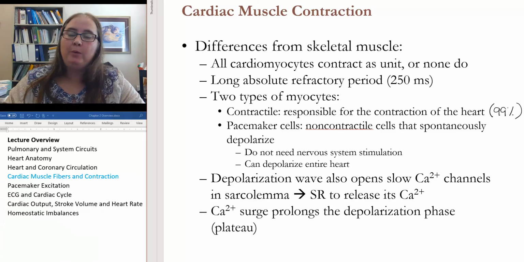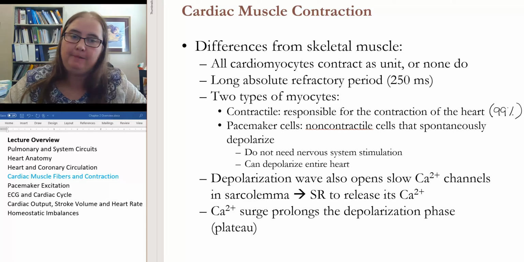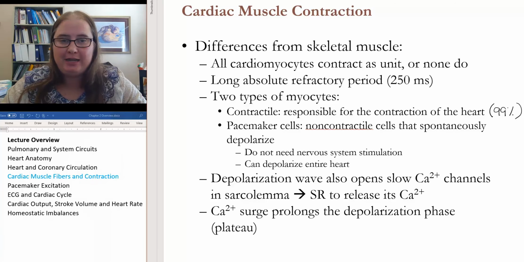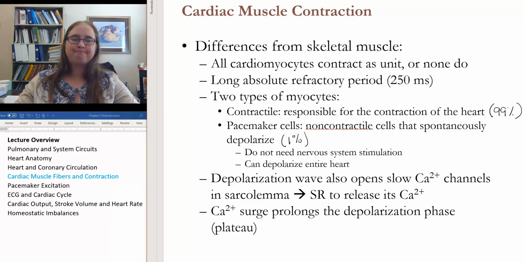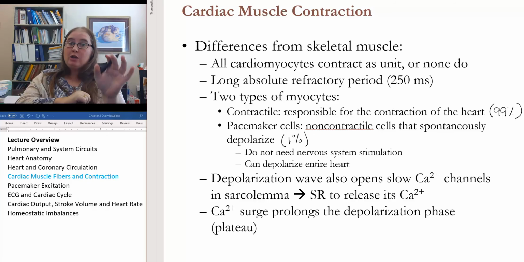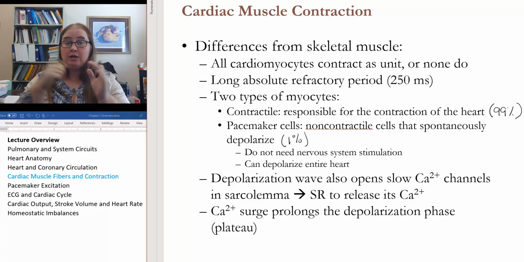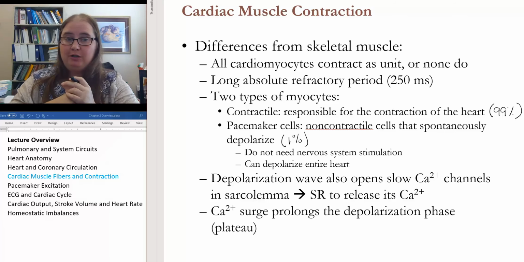We also have a non-contractile population that is called the pacemaker cells, and I call this my 1%. Nobody else calls these 99% and 1%. I just think of it this way so I can explain it a little bit easier later when I'm talking about how these pacemaker cells depolarize. So, contractile population, non-contractile population. Contractile makes up most of the heart. Non-contractile makes up a very small portion of the heart, okay?